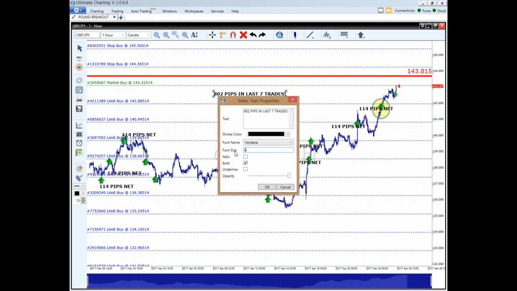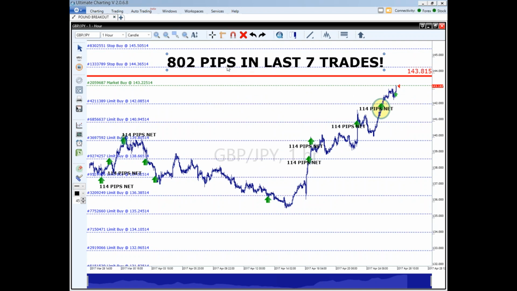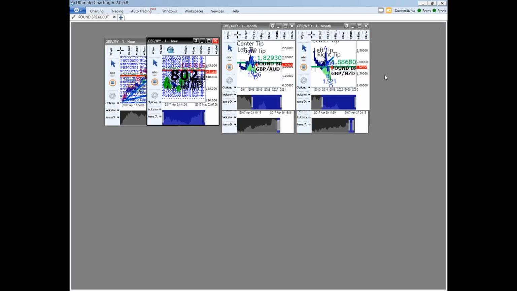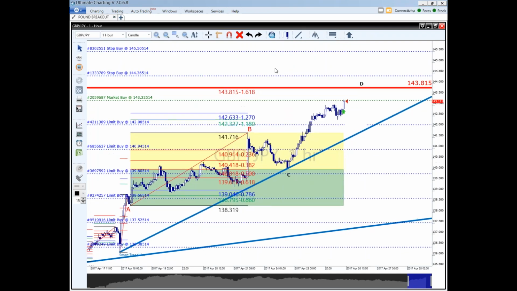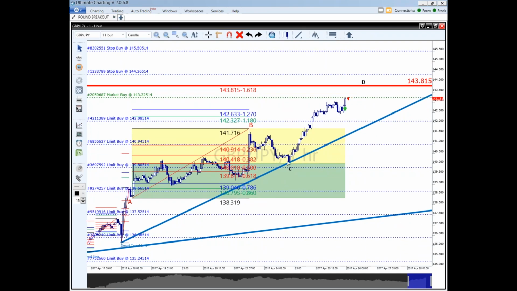And so just an awesome opportunity here to start making some serious profit. And as you can see, this is what the levels look like with the A, B, C, D wave movement. And since we know where the C pullback is, the market would have sized this in right here.